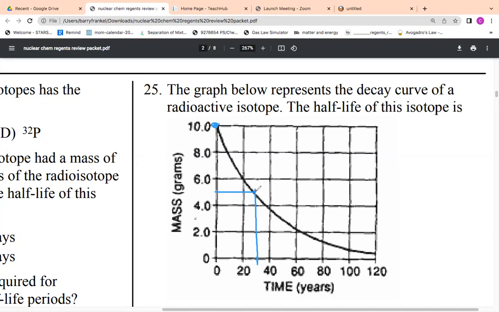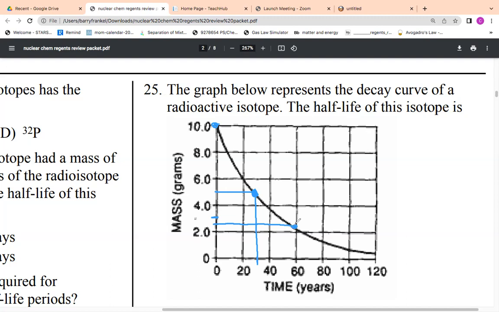So if we're here at 5 grams at year 30, after another half-life, we will have 2.5 grams. Now, right here, the middle mark is 3. So 2.5 would be right here somewhere. So I will just bring this across and see where this hits. And this is somewhere over here.